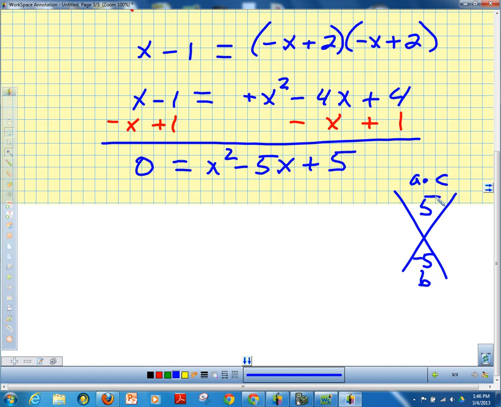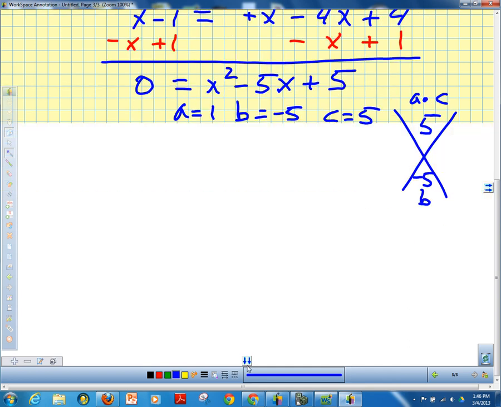And nothing multiplies to positive 5 and adds to negative 5. So you're lucky enough to do the quadratic formula. Okay, so I'll plug it in real quick here.